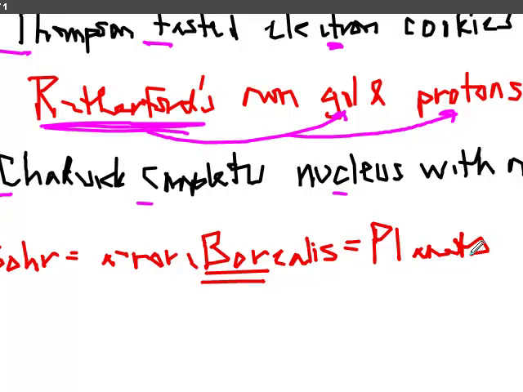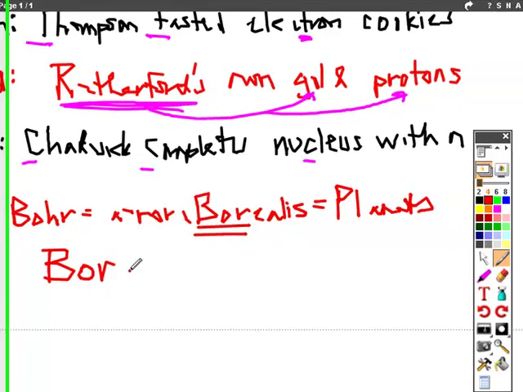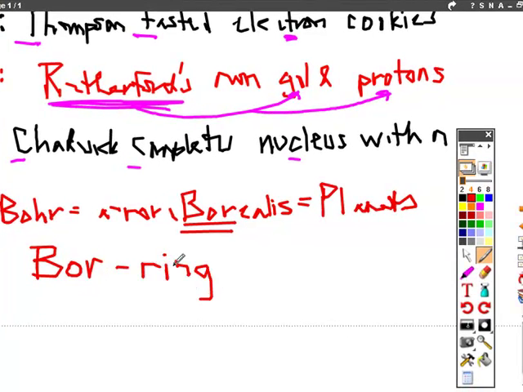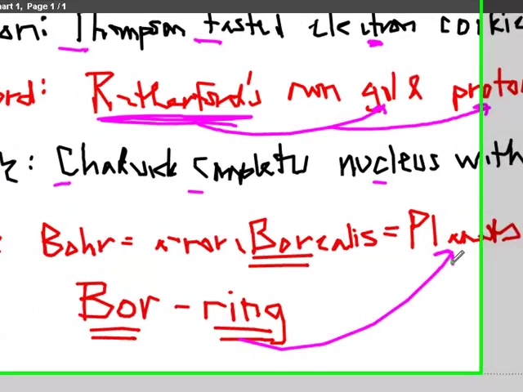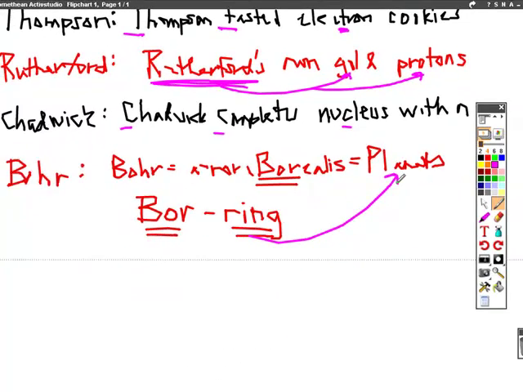The other way I have used to memorize this theory is it's boring. So Bohr said there were rings, or if you use the other mnemonic, like planets going around the sun, the electrons are in rings, like the planetary model. So now we know the parts of the atom. Bohr went further and said where those electrons were located.